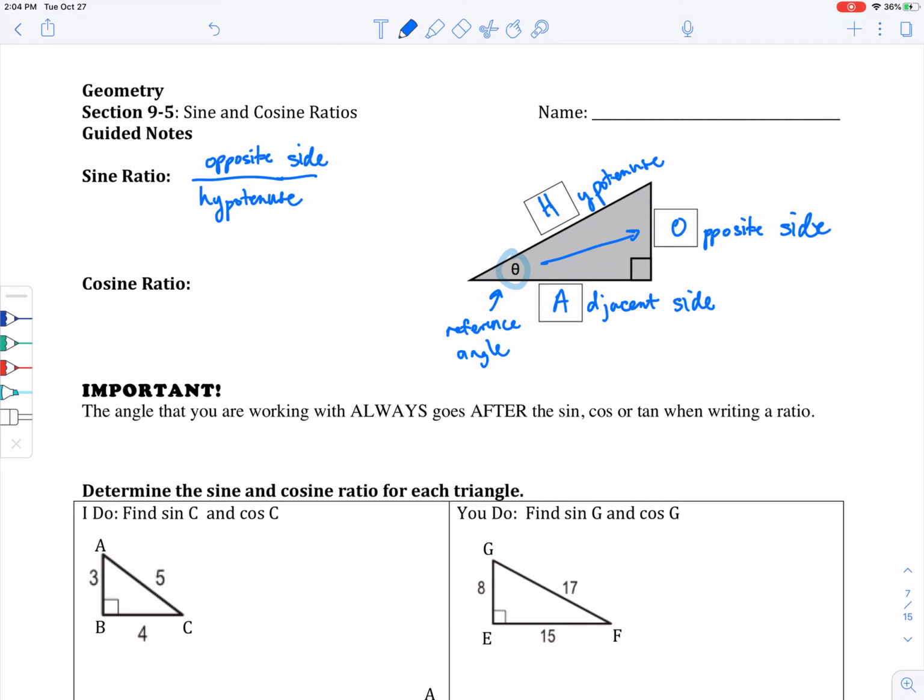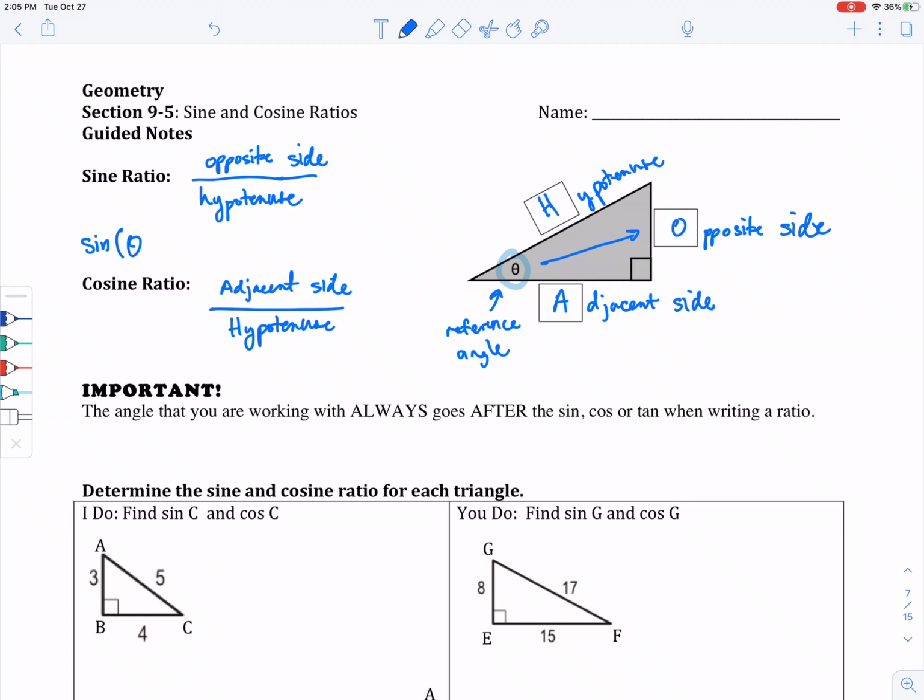And then for cosine, we are using adjacent over hypotenuse. So you can see for both of these, we're using hypotenuse on the bottom, but a different side on the top.